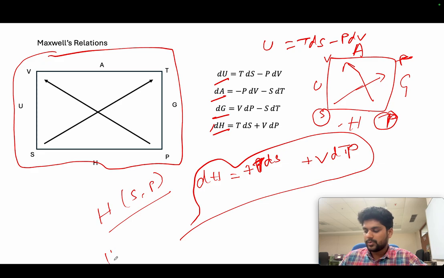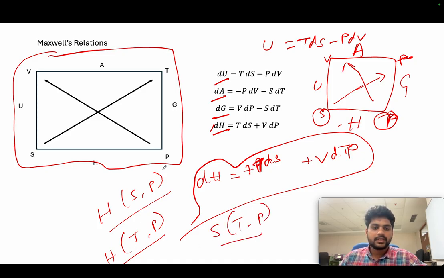But suppose in the given questions they will ask to find the h in terms of T comma p, or s in terms of T comma p. Here you can see that h is a function of pressure and entropy, but they asked to find the enthalpy with respect to T and p.